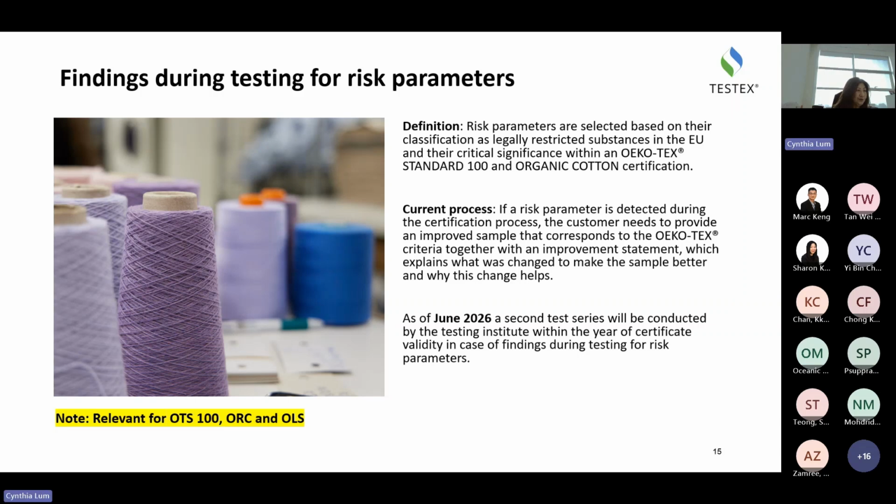So risk parameters, once they are detected during any test, this second series of testing will kick into effect as of this year. There will be some tests done as some form of product control, whether or not you have done anything to remove the risk of this risk parameter from your production.